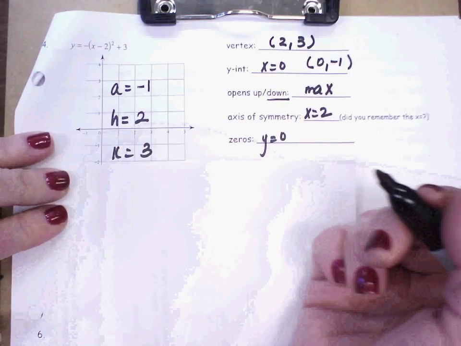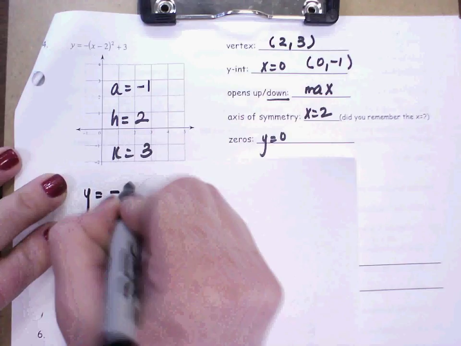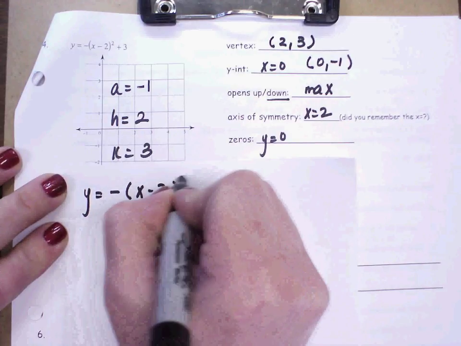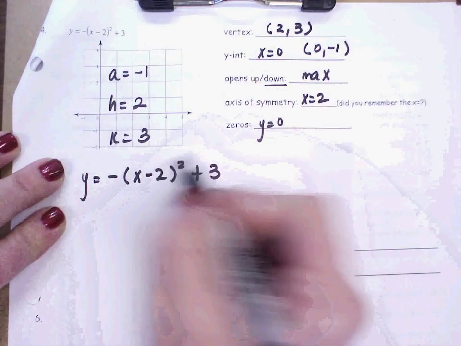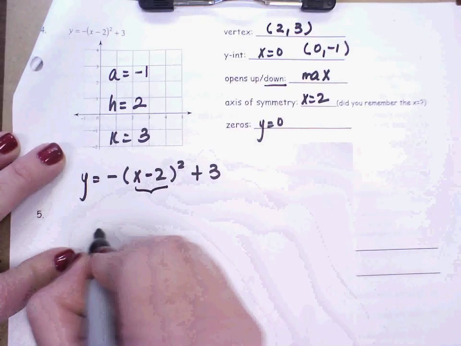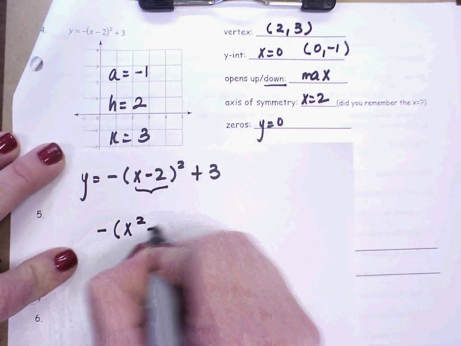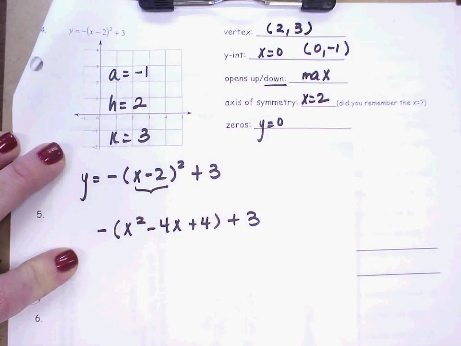What do I do? We did this yesterday. Let's go. Start with a box for that. Then distribute the negative.